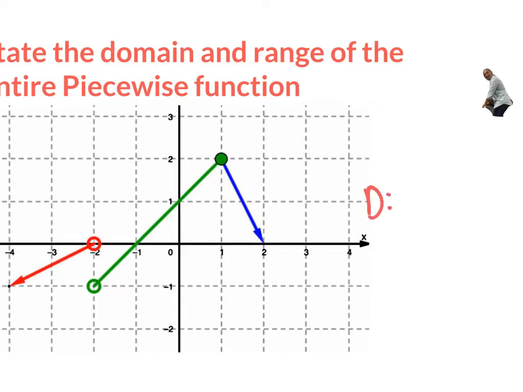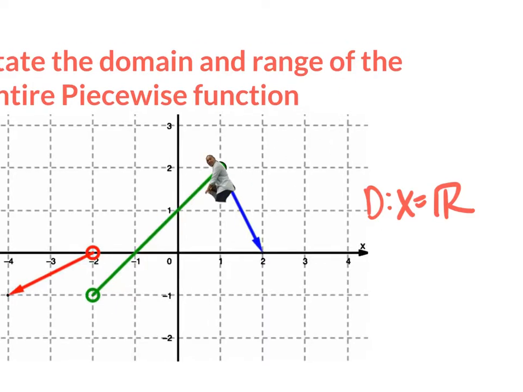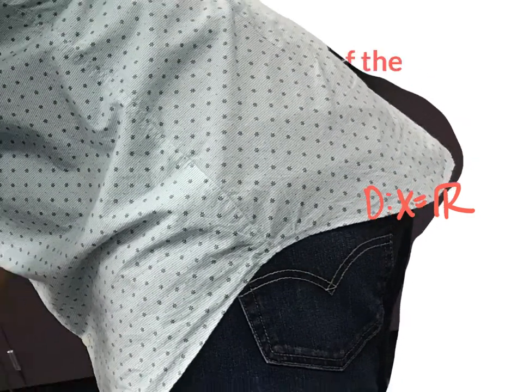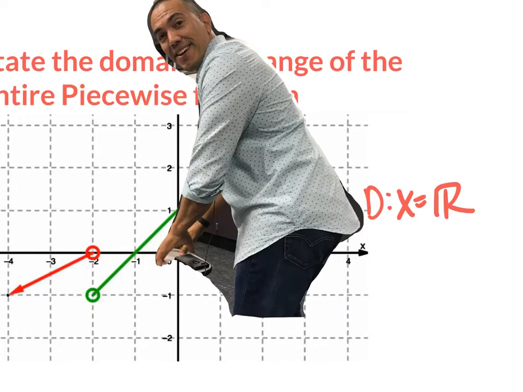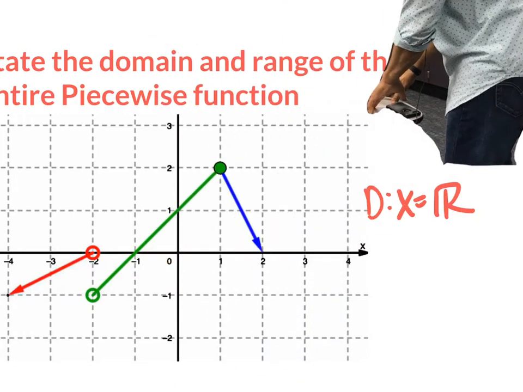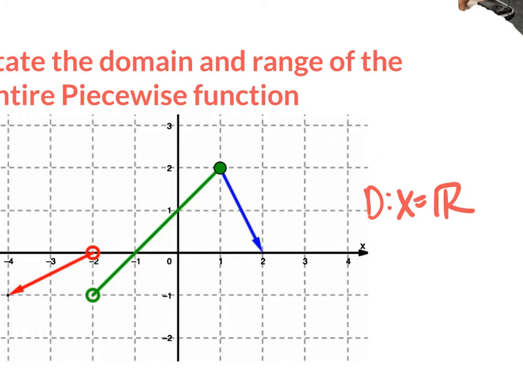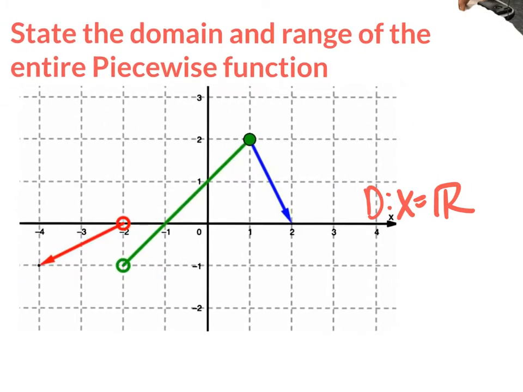The domain is, does it go to the left forever? Does it go to the right forever? Yes, so we're going to say x equals all real numbers, but what? X cannot be a certain value. Cannot be negative 2. See, it has an open dot here and an open dot there.